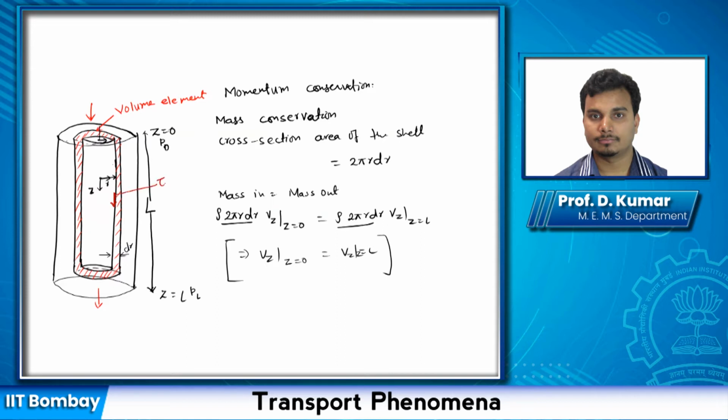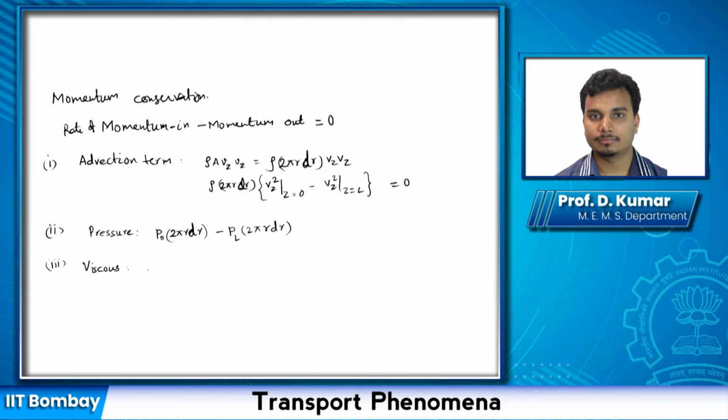We can write this in the direction of Z, because this is the direction of fluid flow, but the momentum is being transferred in R direction, right? We know that at R equals 0, you will have maximum velocity, and as you go to the wall, the velocity becomes 0. So momentum is being transferred in this direction from 0 to R. So this will be tau RZ. Okay. So momentum will come in here, and then it will go out from R plus dr.